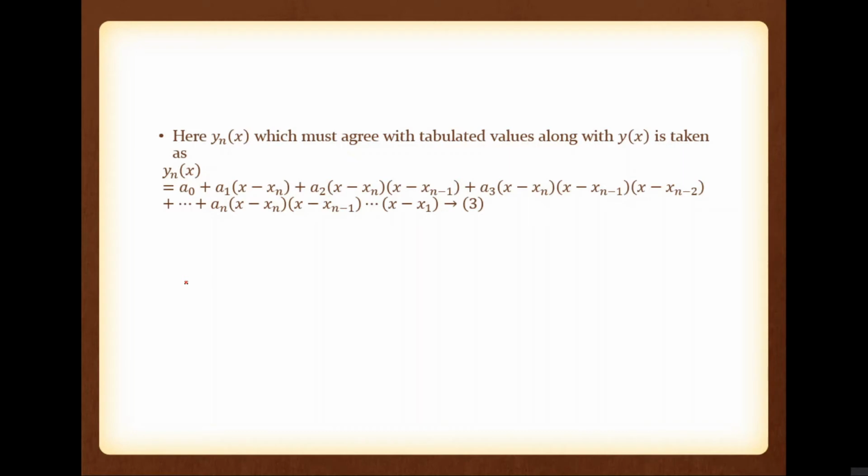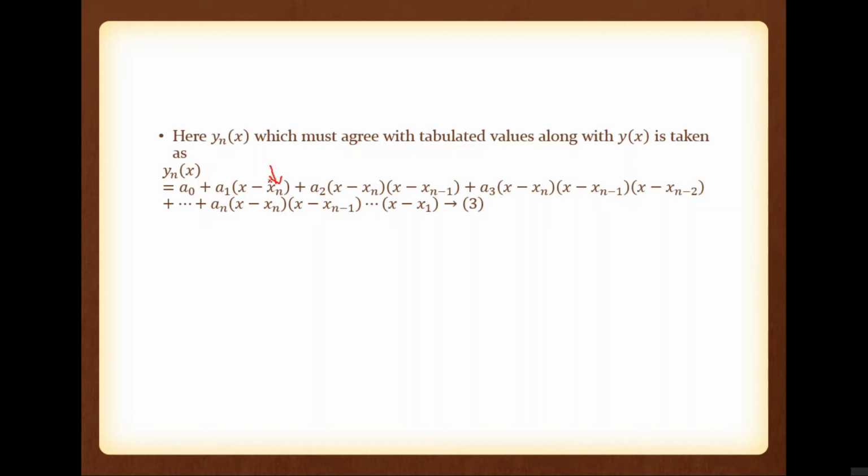In Newton's forward interpolation formula, what did we do? We first took x equal to x0, because at the given points yn of x is equal to y of x. Here, the first one is xn.